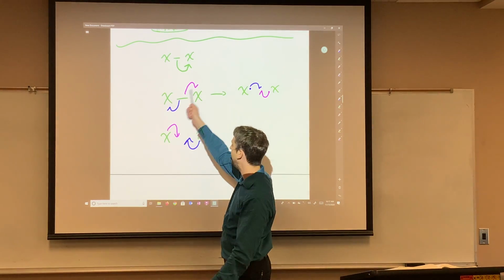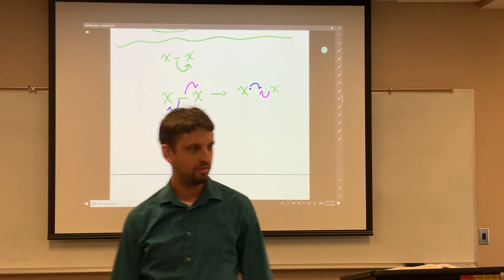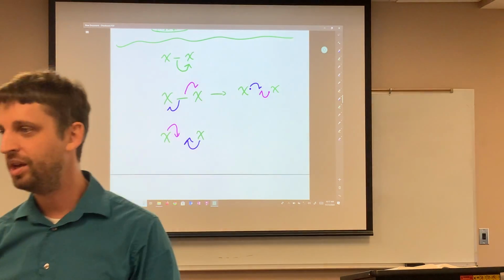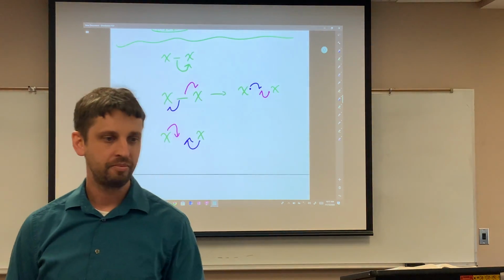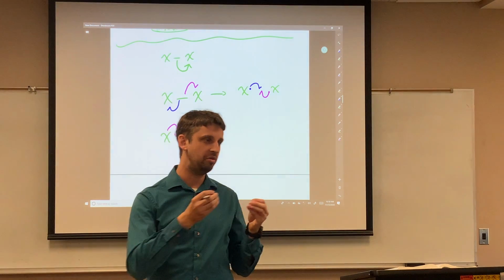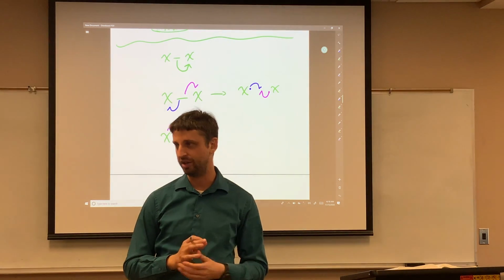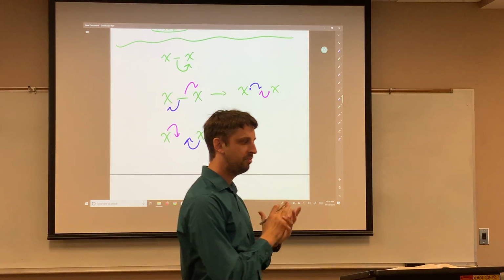No, we will not. There are different rules when removing a single electron. Don't get the patterns of radicals confused with the patterns of pairs of electrons. That's one of the tricky things.